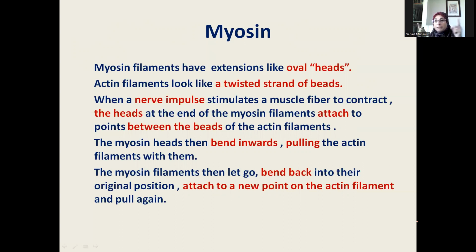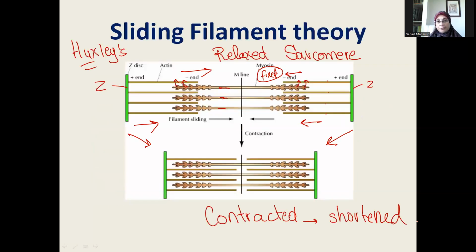And then once they pull the actin filaments towards the H zone, that becomes narrow, by the way, as you see in the previous diagram here. We had a very broad H zone.